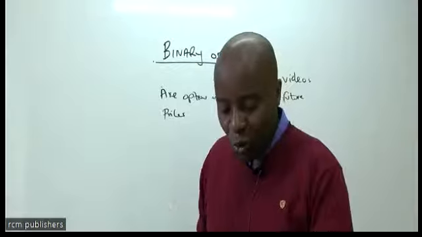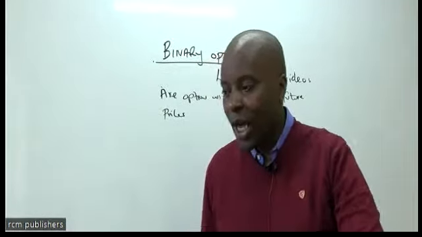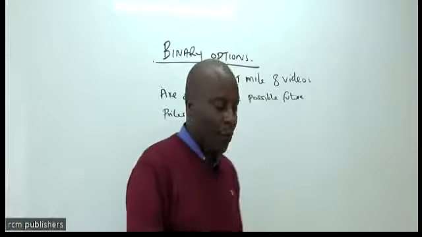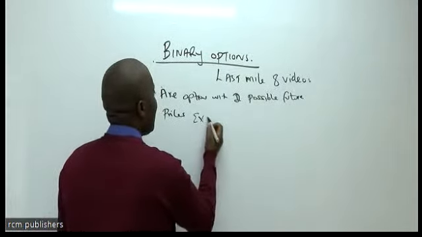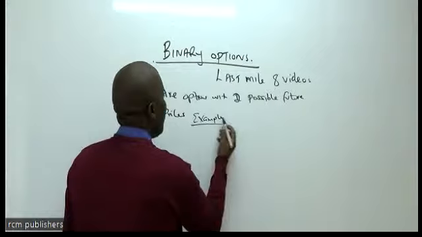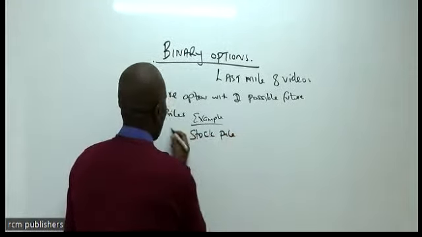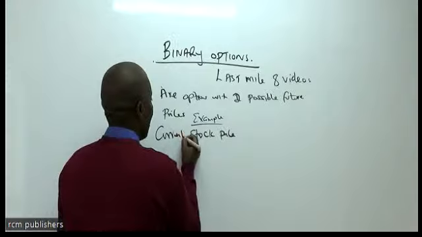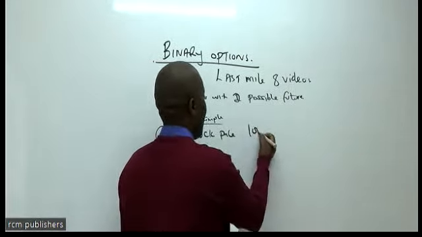So for us to be able to appreciate what Mwalimu is talking about this afternoon, I would want, ladies and gentlemen, to give you an example. In this example, they have given us the stock price, the current stock price, call it current. The current stock price is 100 Kenya shillings.